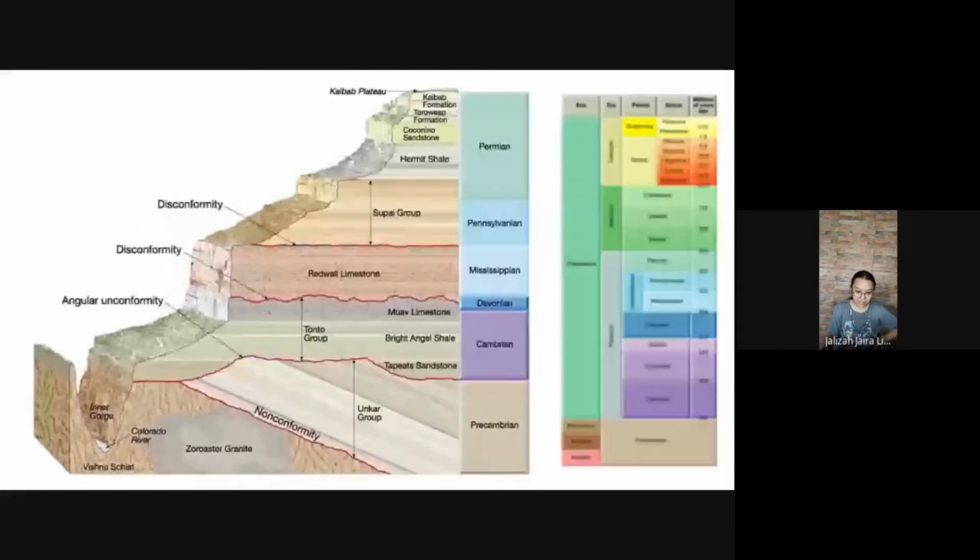And the layers of the Grand Canyon actually date back to the Precambrian era. So eventually, all the rocks actually tell a story, and one good example of a historic rock is your Grand Canyon.